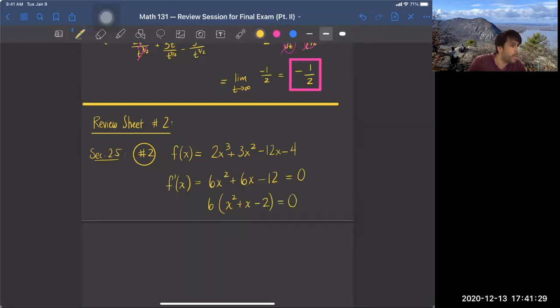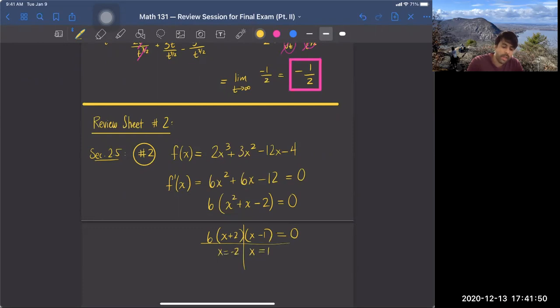equals 0. And so then the question becomes, what two numbers multiply to -2 and give me +1? Can I factor this? The answer is yes. This is a +2, this is a -1, and then I get x equals 1 and x equals -2.